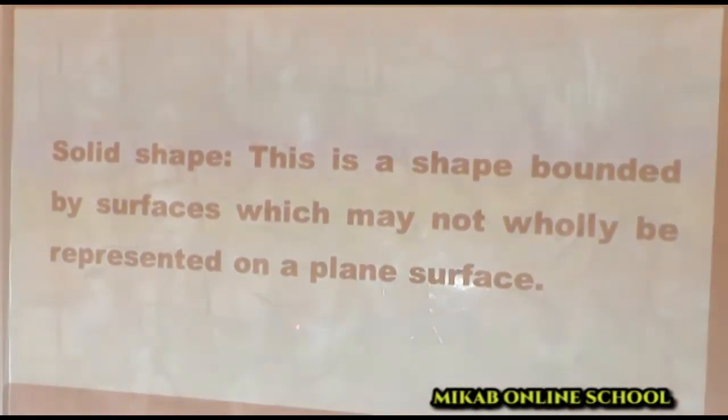The examples of this are, one, the cube. A cube is just like a box having all its sides equal.